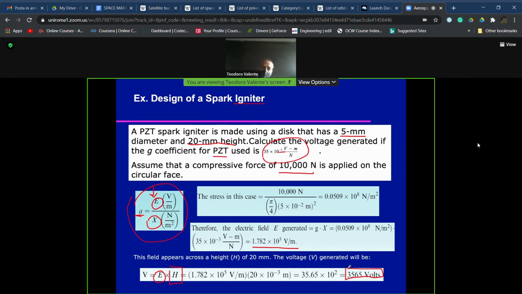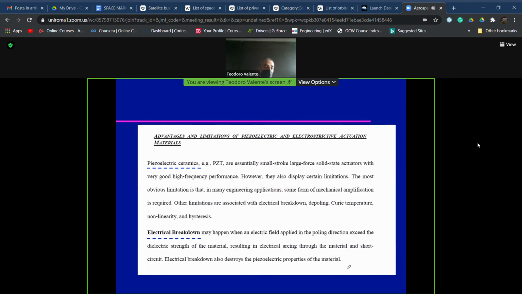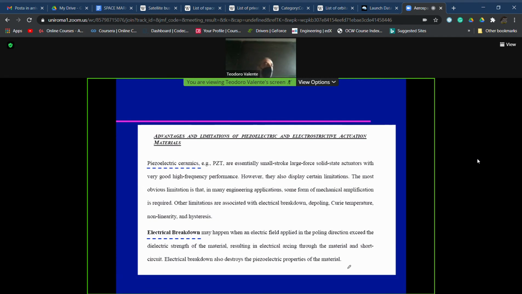Now, this piezo effect for the ceramic materials, generally speaking, has some limitations, and this must be remembered in order to have a more complete panorama. First of all, if we apply a voltage or an electric field which is too high, then we can cause a depolarization effect.